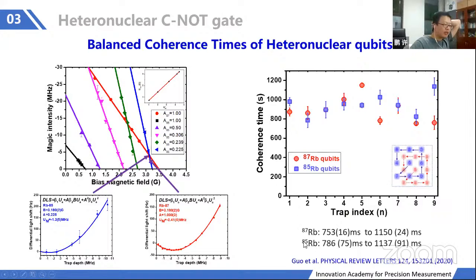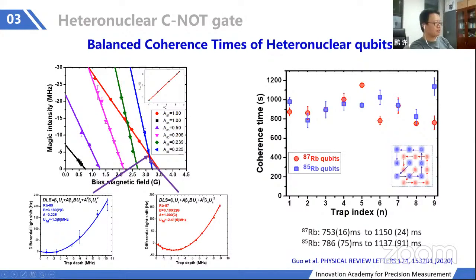So finally, we can have rubidium-87 with a coherence time of about 1 second, and rubidium-85 also has a similar coherence time.